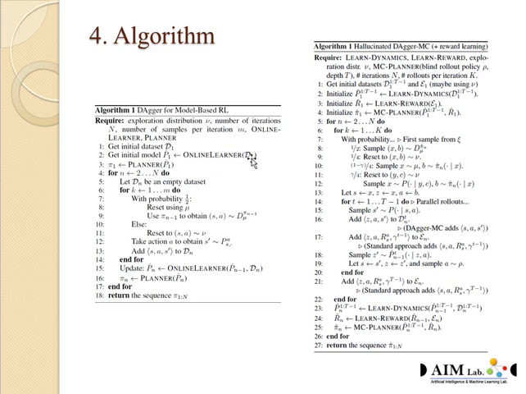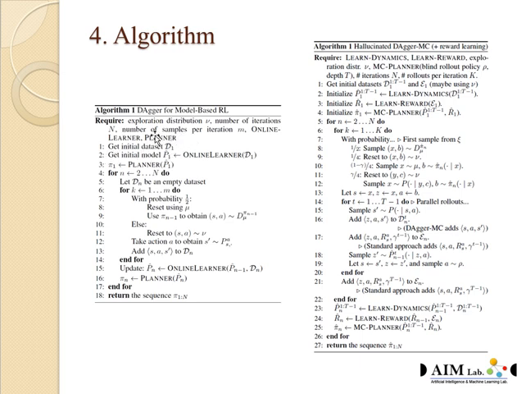The algorithm follows DAgger for model-based RL. First we have an exploration distribution, a number of iterations, the number of samples per iteration m, and the online learner and planner.